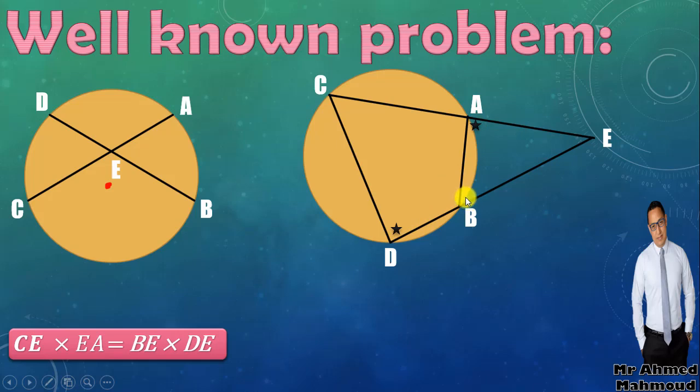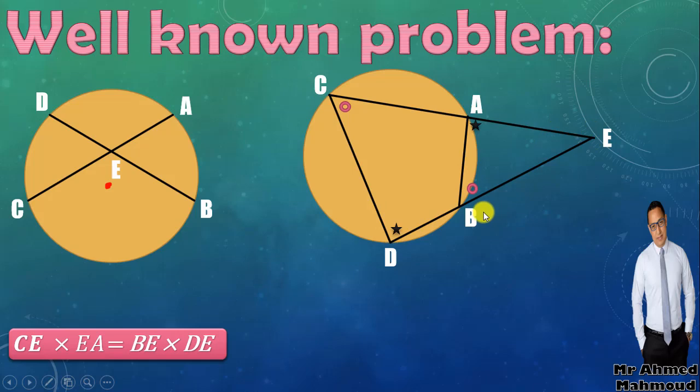Also angle B is exterior for the quadrilateral, so it is equal to angle C like this. So we get that triangle EBA is similar to triangle ECD.